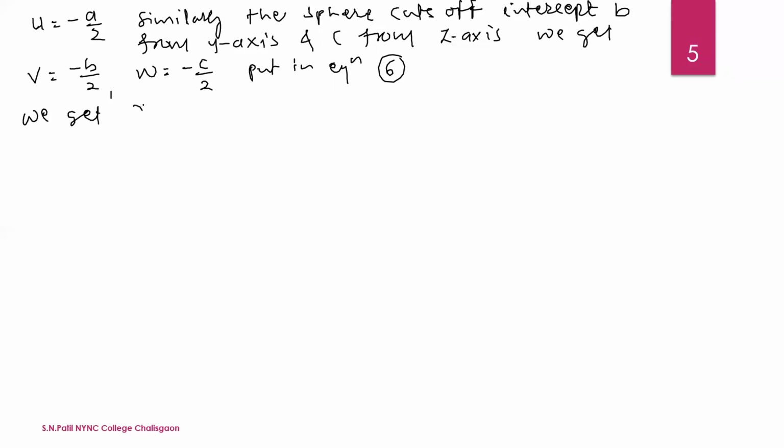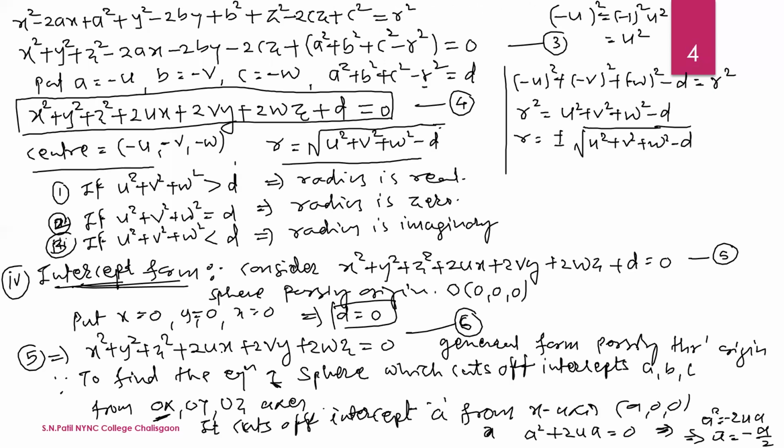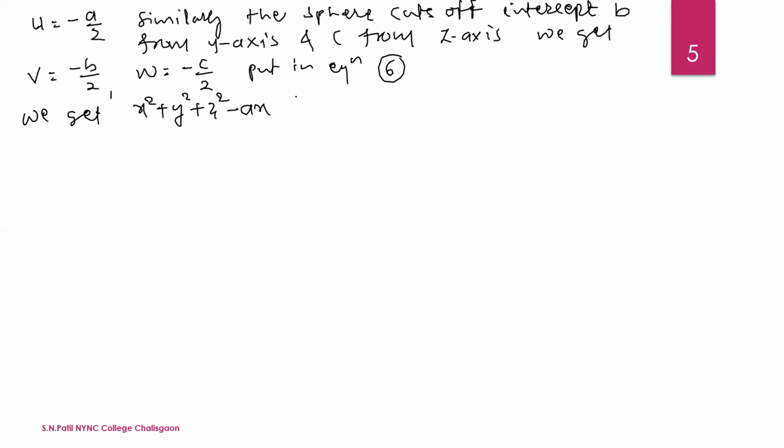We get x square plus y square plus z square minus ax, because when we put the value of u, minus a upon 2, the 2 will get cancelled, and the sign becomes minus, minus by similarly, and minus cz is equal to 0. So this is the required intercept form.